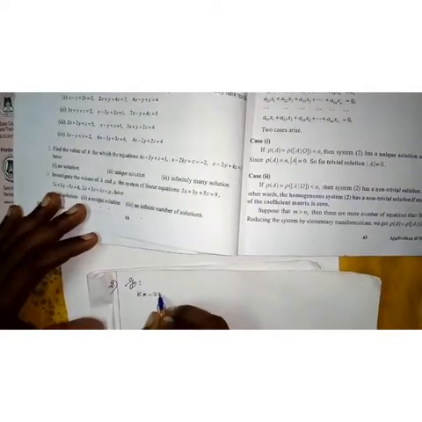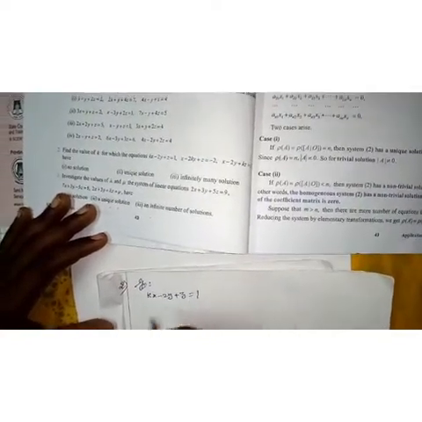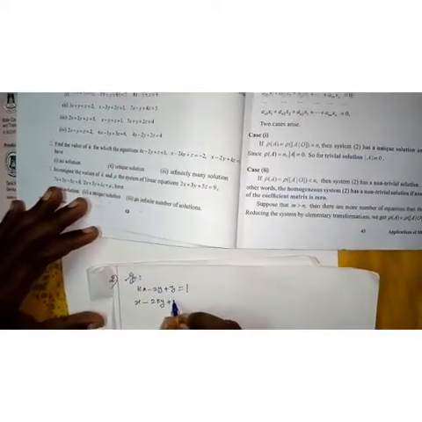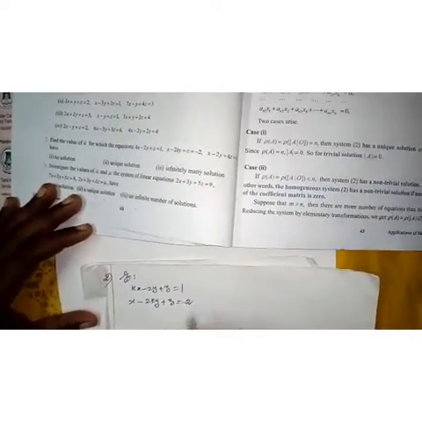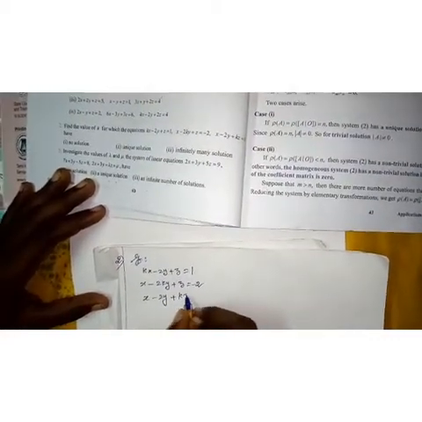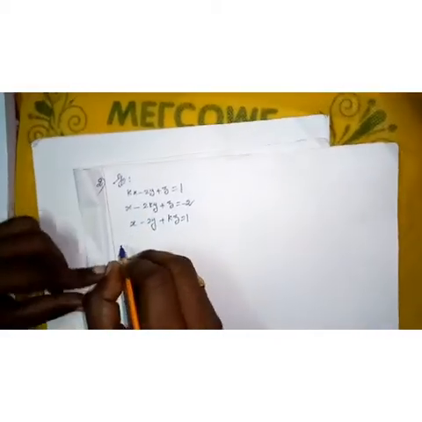kx minus 2y plus z equal to 1. Next, x minus 2ky plus z equal to minus 2. Then x minus 2y plus kz equal to 1. Same model you want to apply here, children.